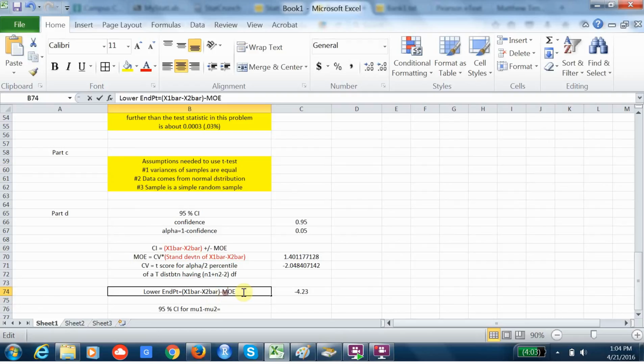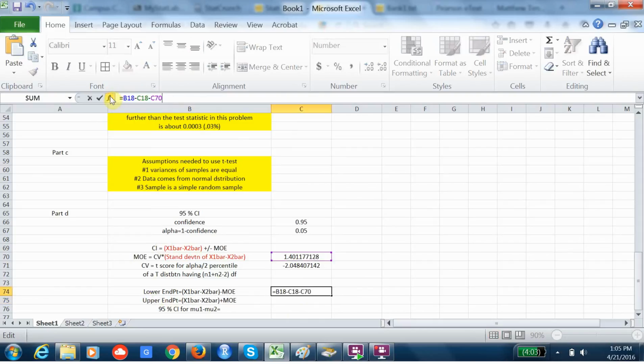I'm going to compute the upper endpoint, and I'm just going to cut and paste because this is the easiest way to do this, really. Change the negative to a positive. This becomes the upper endpoint. And of course I'm going to change this too. So I'll cut and paste this, and then just change this to a positive.